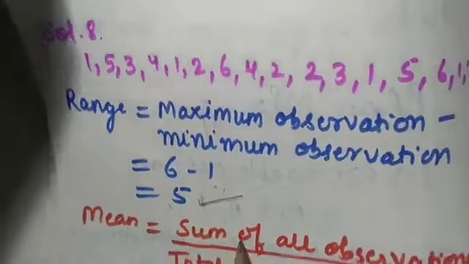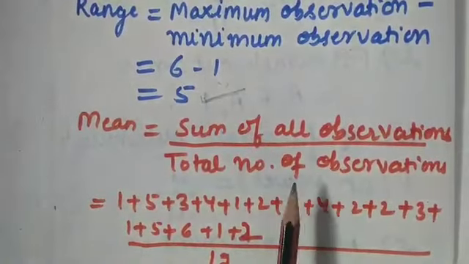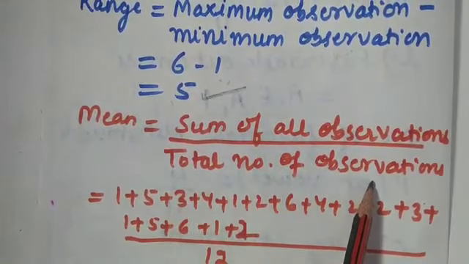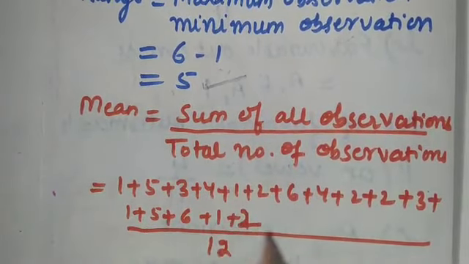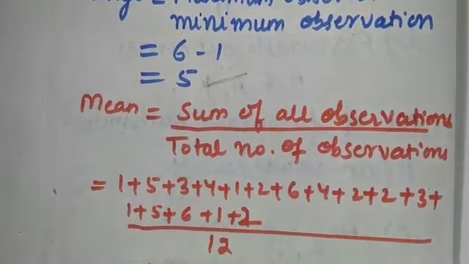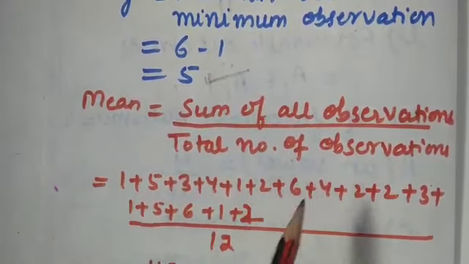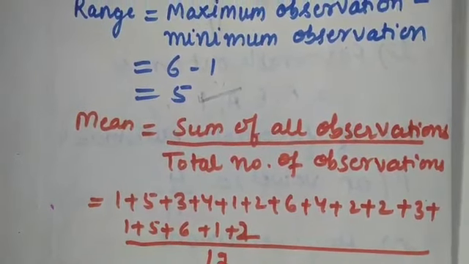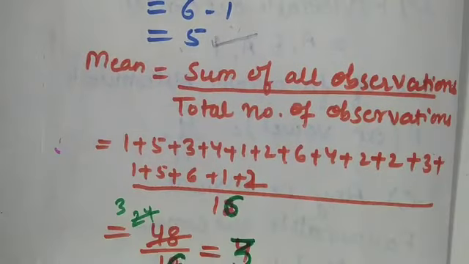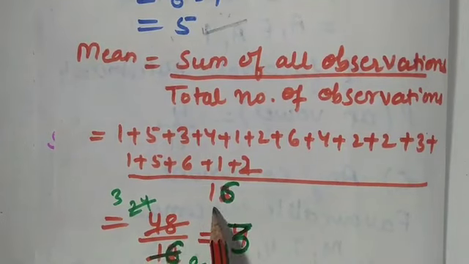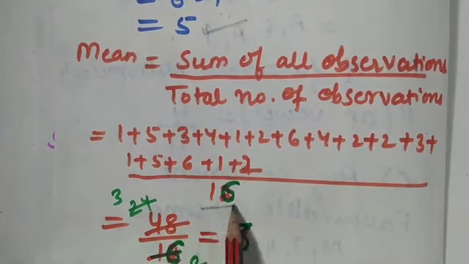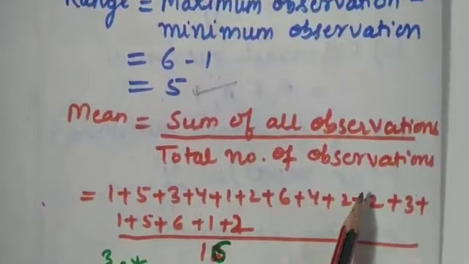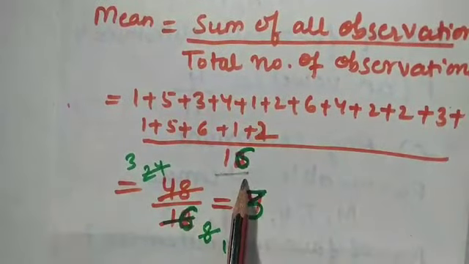Second, we have to find the mean. So how will you calculate the mean? That is given by the sum of all observations divided by the total number of observations. So you have to sum up all the observations given and divide by 16 because we have been given 16 observations.